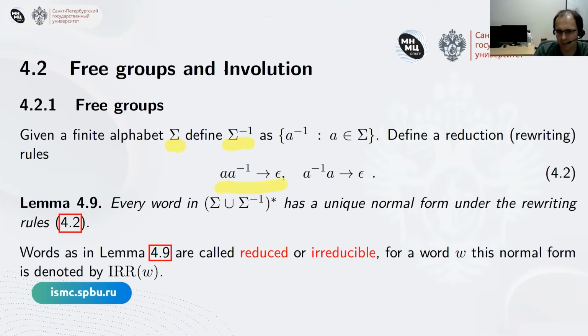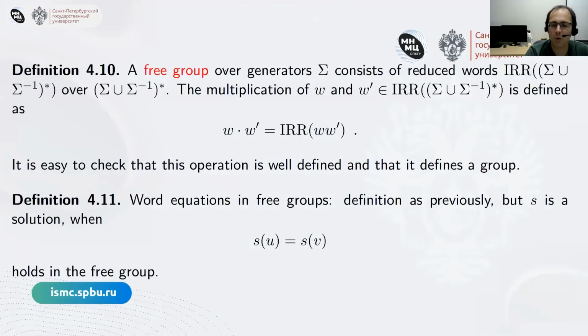Every word has a unique reduced form, which is easy but time-consuming to show. And the free group over some generators consists simply of all such reduced words. For the multiplication, we take the words and make all those reductions afterwards. Okay, this is well defined.